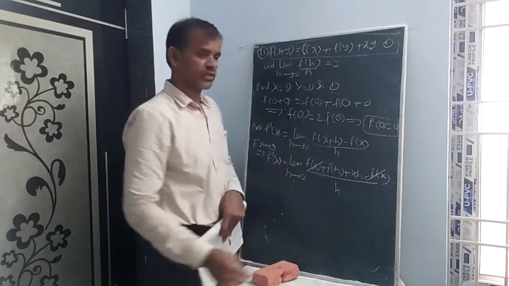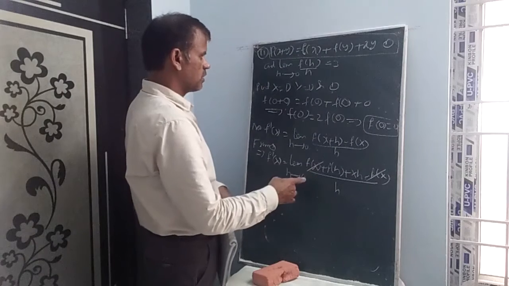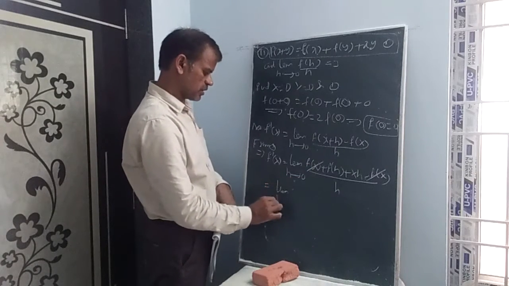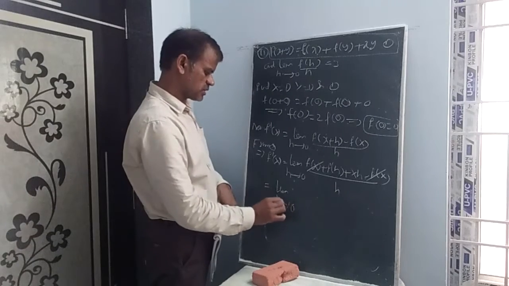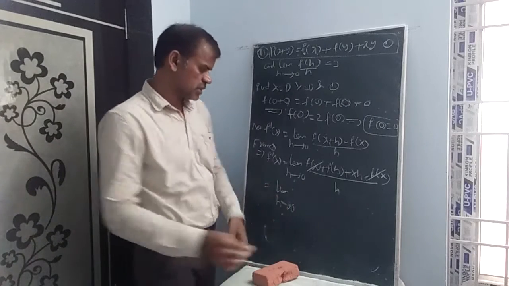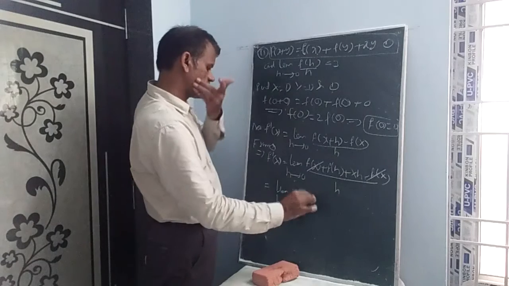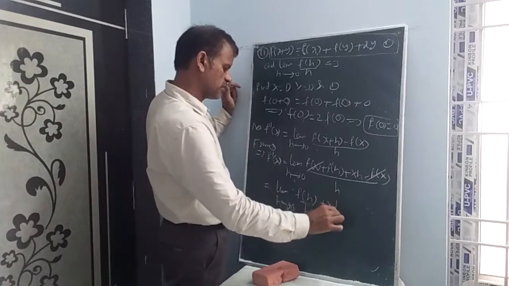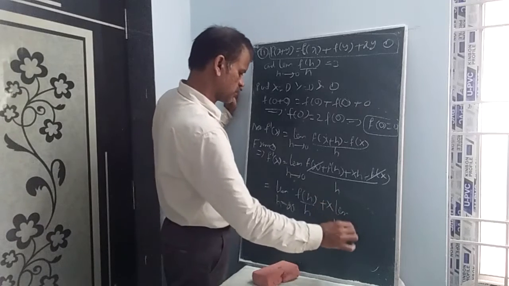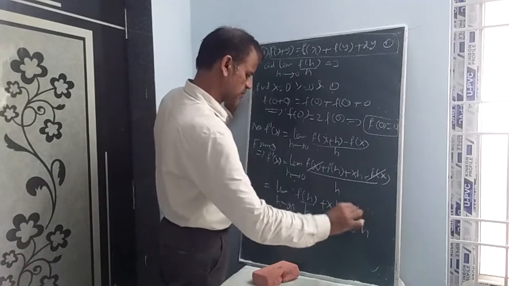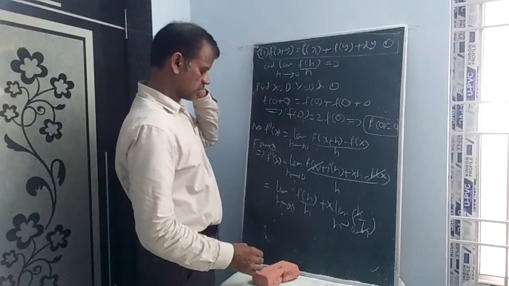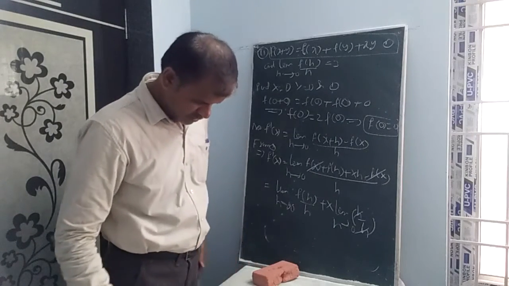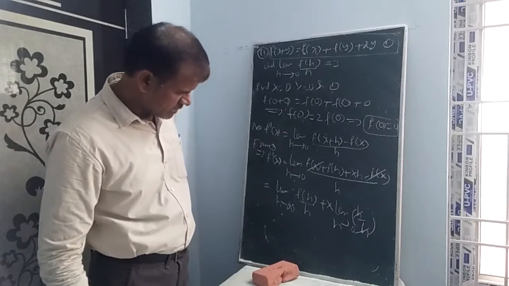F of x gets cancelled. Now separately we can write it as limit h tends to 0, f of h by h plus x into limit h tends to 0, h by h. This is 1, so this is x. X plus 3. Let us verify.